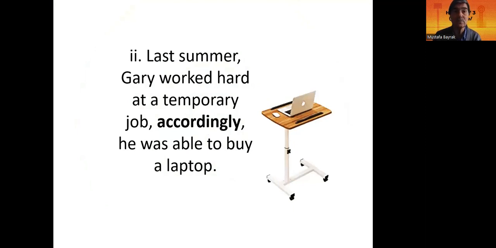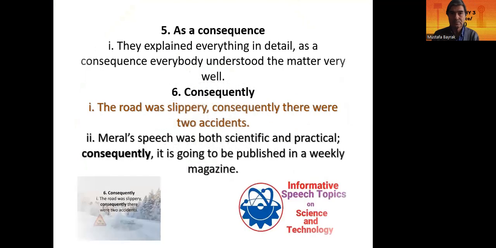Roman number two. Last summer, Gary worked hard at a temporary job. Accordingly, he was able to buy a laptop. Naturally, he was able to buy a laptop. As a result, he was able to buy a laptop. As a consequence, he was able to buy a laptop.